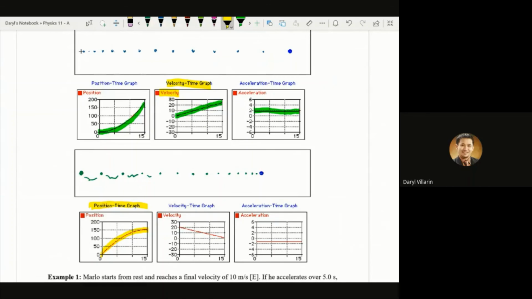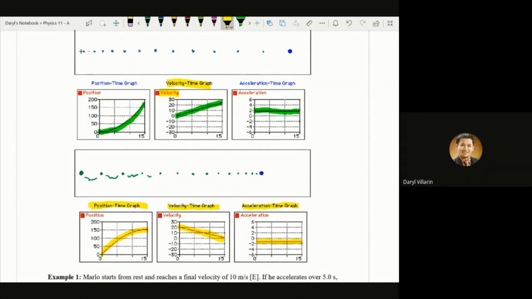If you create tangent lines here, the slope of the tangent line decreases. So if you interpret that in the velocity time graph, it is decreasing in magnitude, until it stops here, so the velocity is zero. And the acceleration is negative.